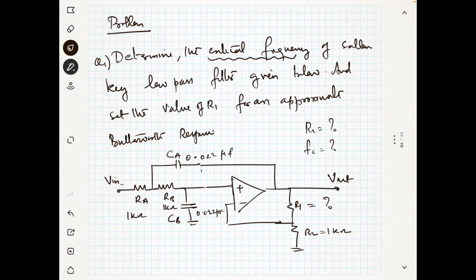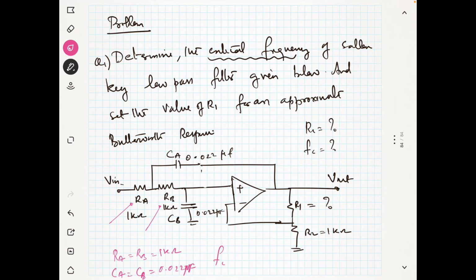You see here that RA equal to RB equal to 1 kilo ohm, and CA equal to CB is equal to 0.022 microfarad. Both are the same.